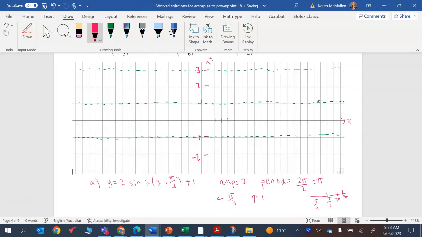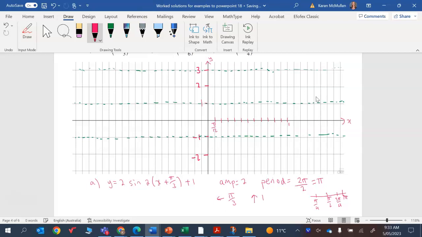3 pi on 4. Okay, because this scale is kind of different to the pi on 3 scale, we've got to look for a common factor. So we're going to use pi on 12. I'm going to make all of these pi on 12. Just to show you with the first one, that's pi on 12, 2 pi on 12, 3 pi on 12, 4 pi on 12, 5 pi on 12, 6, 7, 8, 9, 10, 11, 12.